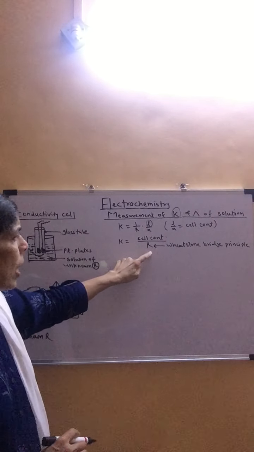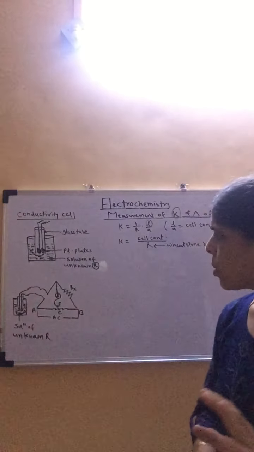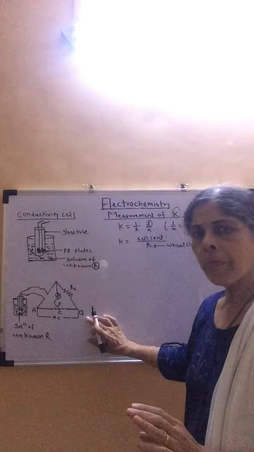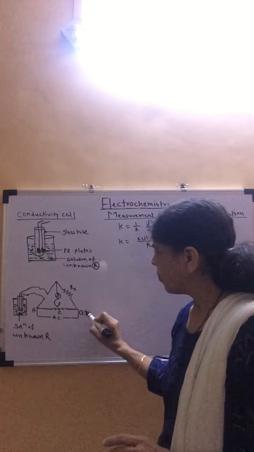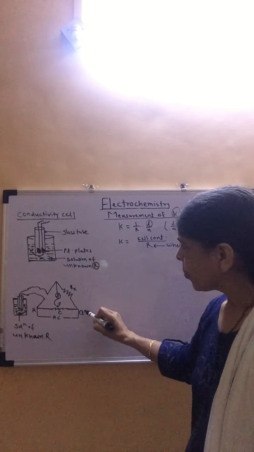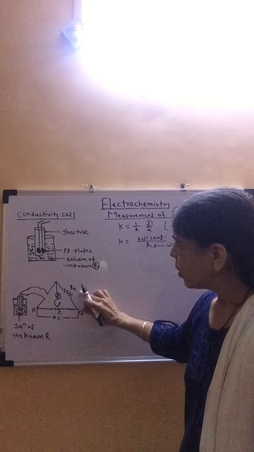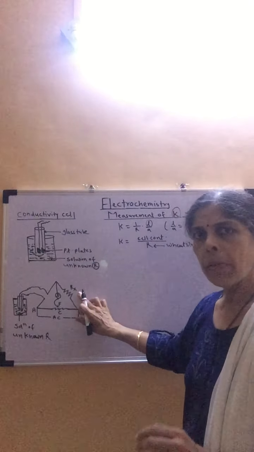Now this R can be determined with the help of the Wheatstone bridge principle. Just observe this diagram. This Wheatstone bridge consists of a uniform wire AB. In one arm, a known resistance Rx is placed.